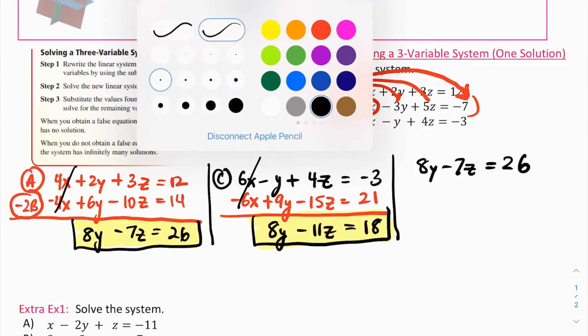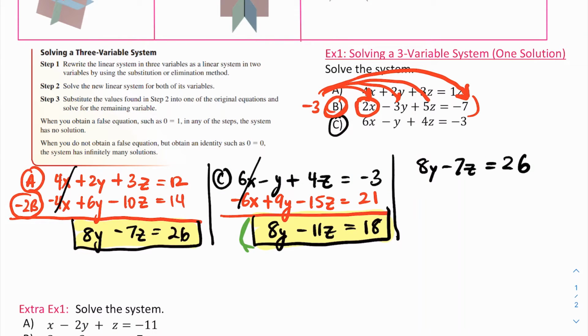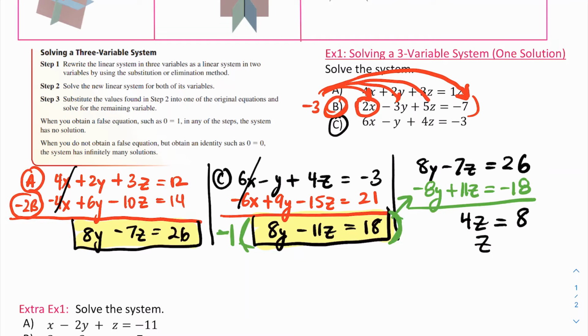And the second one, I'm going to multiply by -1, so I will have -8y plus 11z equals -18. The reason I'm multiplying it by -1 is so that the 8y's can cancel. When I add those two together, I get 4z equals 8. So z is equal to 2, and I have my first answer.